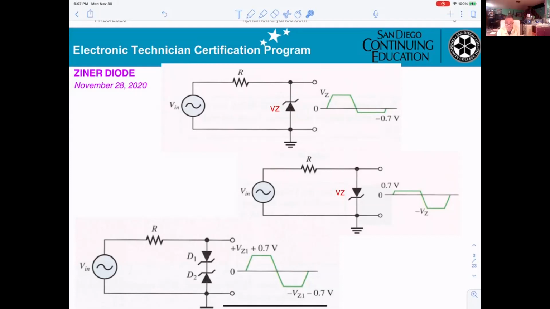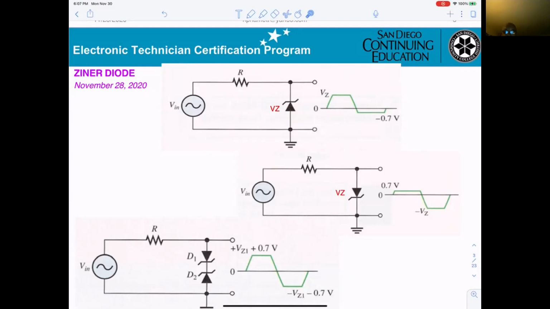So Mr. Pham, the circuit that you just explained, and the circuit directly below it, they're the same thing except for positive and negative half cycles. Is that correct? And the diode is switched around. Right. Because when the anode is at ground, then you get that clipping on the top.